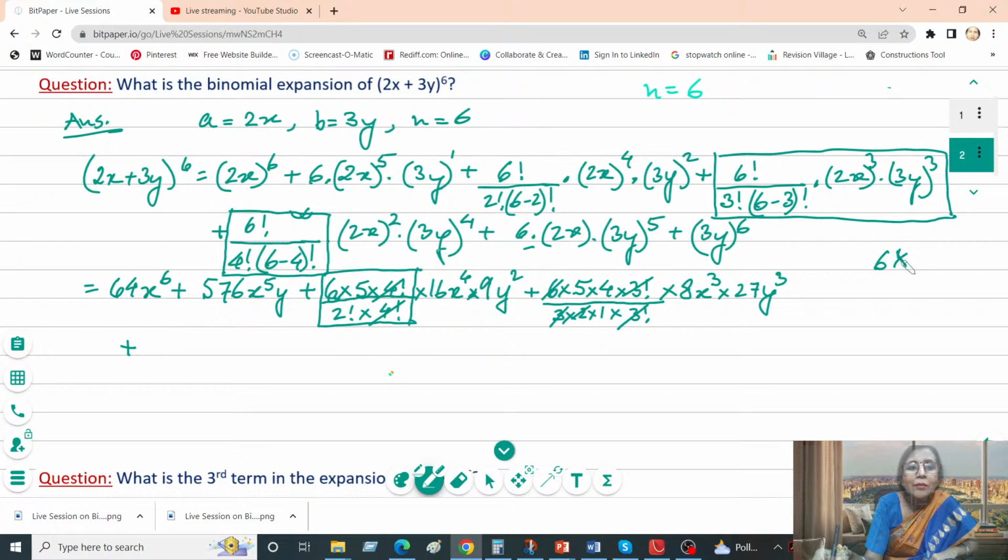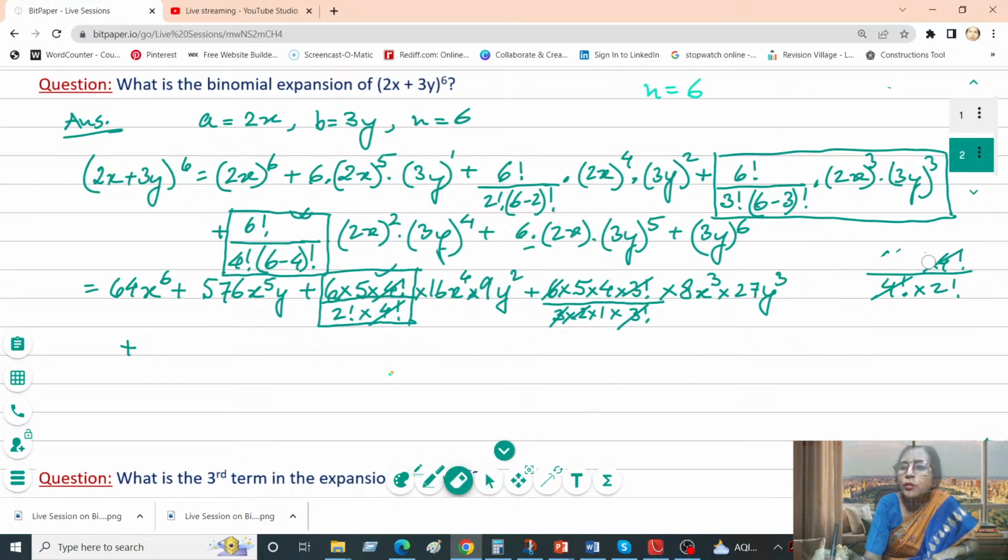It is 6 factorial over 6 minus 4, which is 2 factorial, times 4 factorial. So I can write this as 6 times 5 times 4 factorial over 4 factorial times 2 factorial. And see, these two will be getting cancelled and you are having the same expression, 6 times 5 over 2 factorial, which is equal to 15. Okay, it has to be.